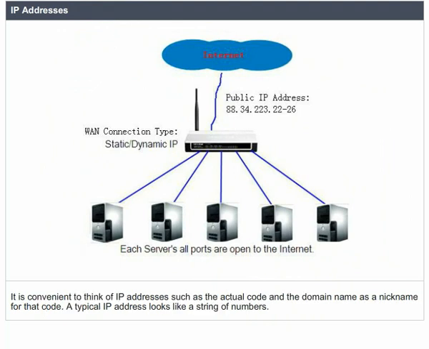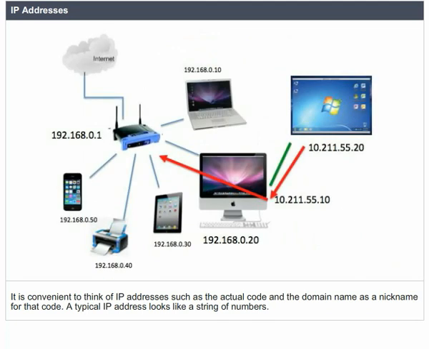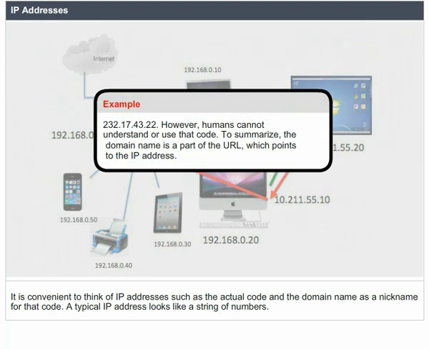It is convenient to think of IP addresses as the actual code and the domain name as a nickname for that code. A typical IP address looks like a string of numbers. Example: 232.17.43.22. However, humans cannot understand or use that code. To summarize, the domain name is a part of the URL which points to the IP address.